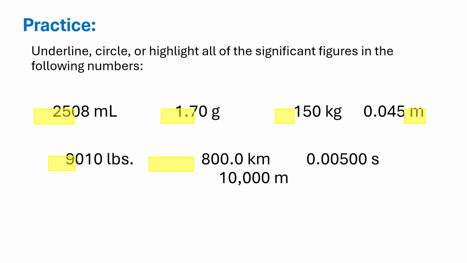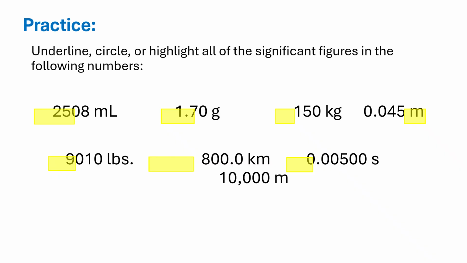It's a placeholder. 8,000 kilometers. Those are all sig figs. Again, whether it's to the left or the right of the decimal, if they're trailing zeros and the number contains a decimal, they are significant. All right, and then 0.00500 seconds, just the 5 and the 2 trailing zeros. The ones out in front are just placeholders, so they're not considered significant figures.